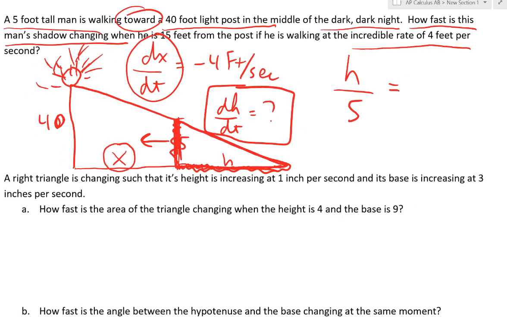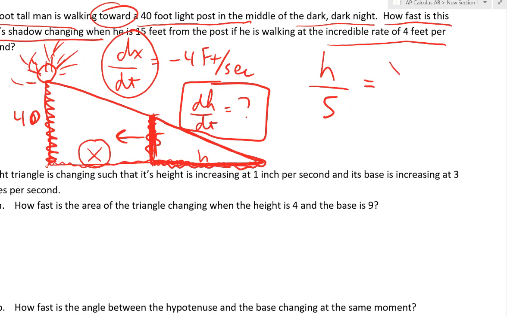So if I were to take the horizontal side here and divide it by the vertical side there, 5, then that has to be the same exact ratio as the whole big horizontal side divided by the big vertical side.